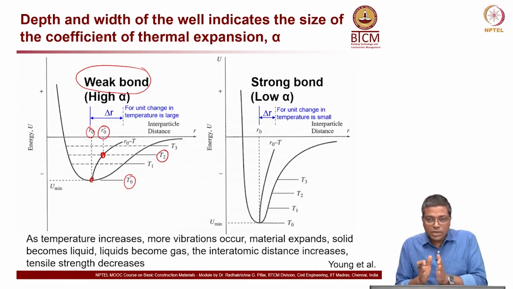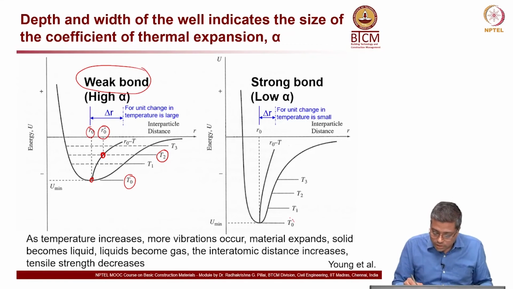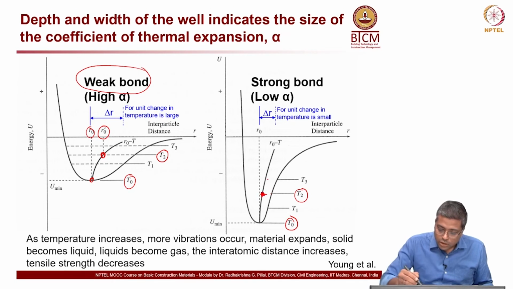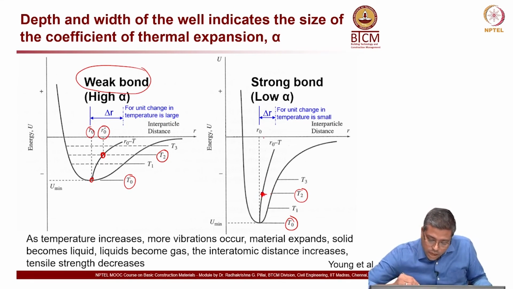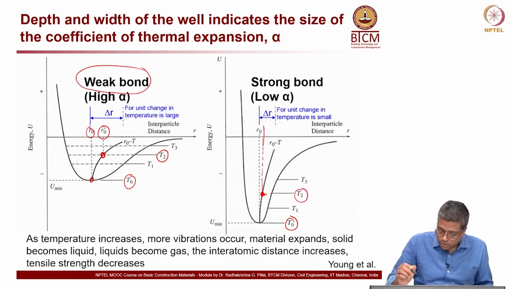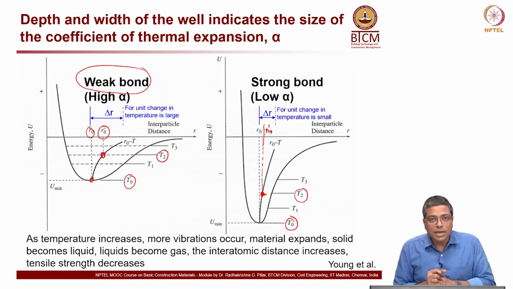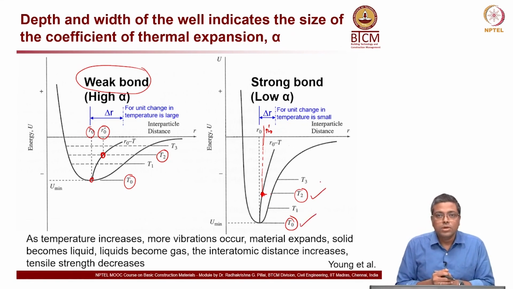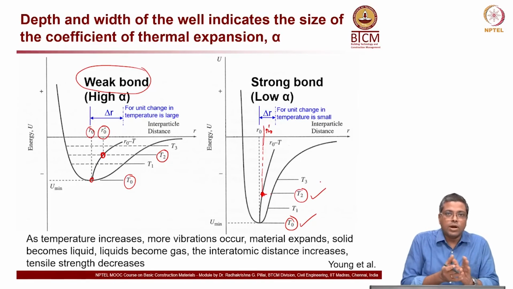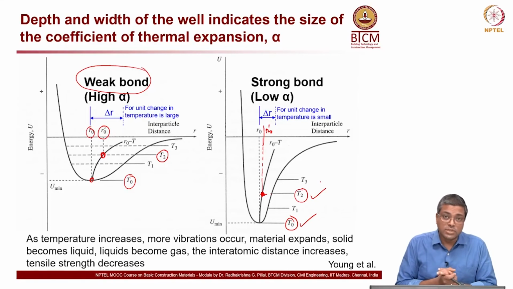Now look at case 2. If I take T0 and T2 here, in this case R0 prime will be somewhere like this. Now that delta R in the second case, for the same difference of T0 and T2, is much smaller than in the first case.